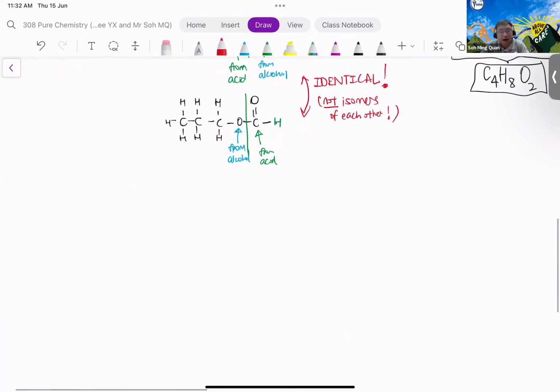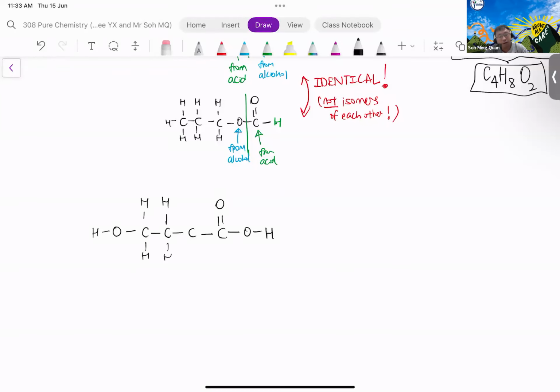But what if I have a molecule that has a carboxylic acid on one end? And what if it also had an alcohol on the other end? There are molecules like this. This is an equally valid structural formula. Every carbon atom has 4 bonds.